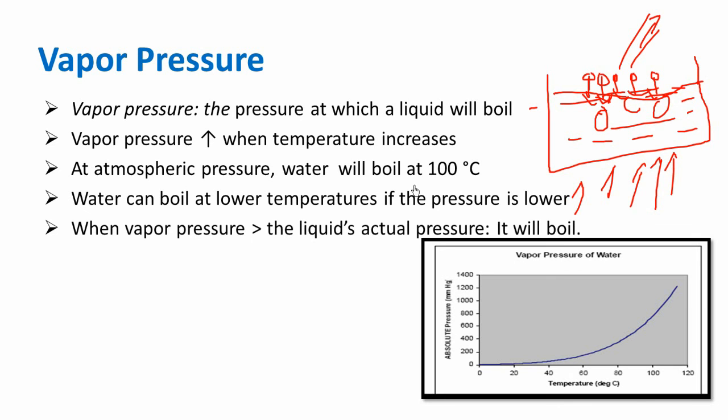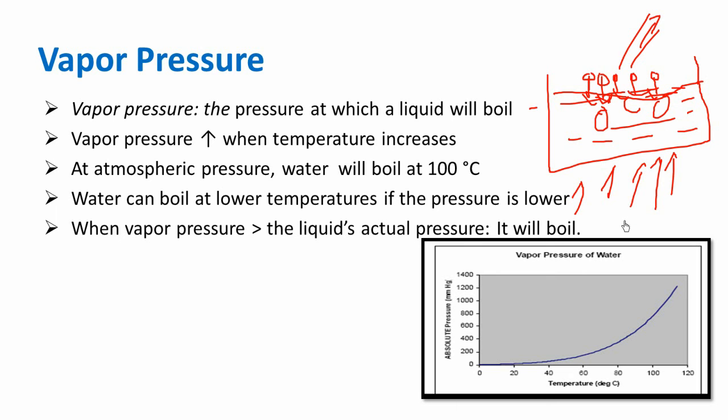When the vapor pressure is greater than the liquid's actual pressure, the liquid definitely will boil. So if the pressure exerted by the bubble onto the liquid is greater than the pressure of the liquid, then the liquid present in the container will boil.